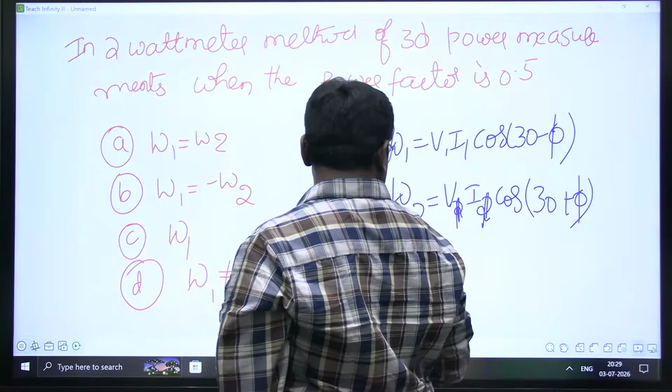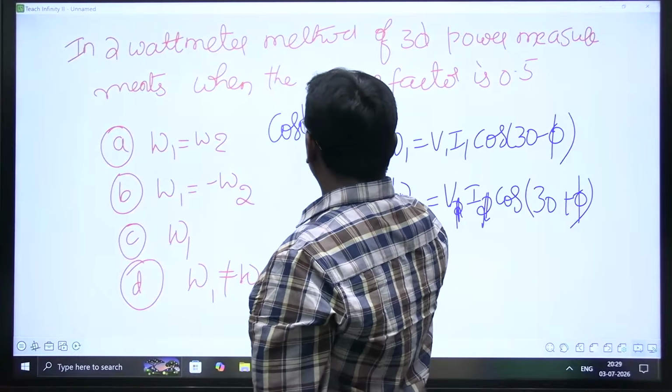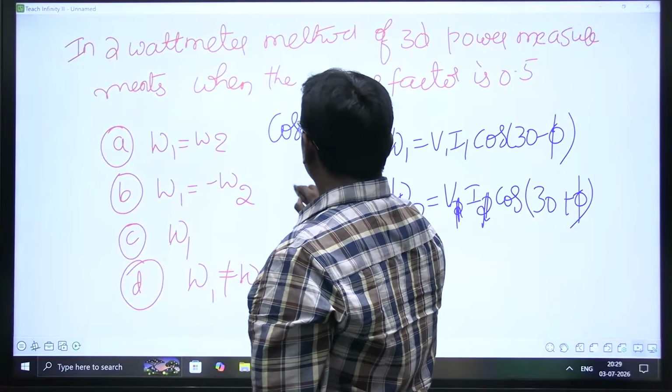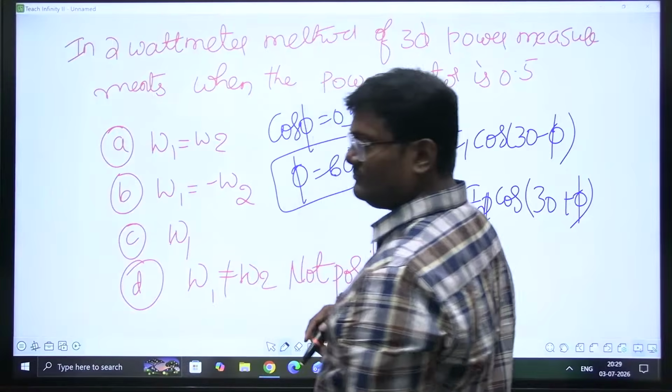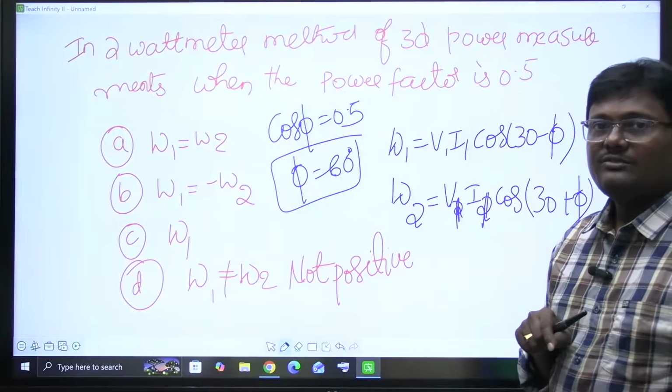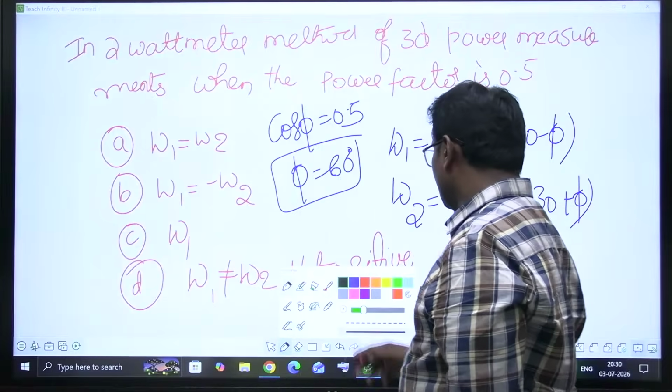What is the power factor value? The power factor is 0.5, and the power factor angle is 60 degrees. So substitute here.